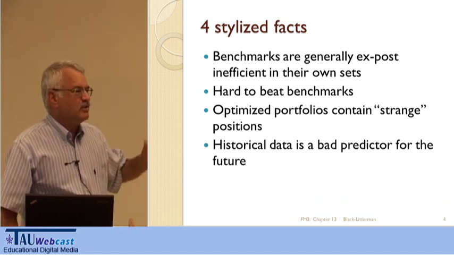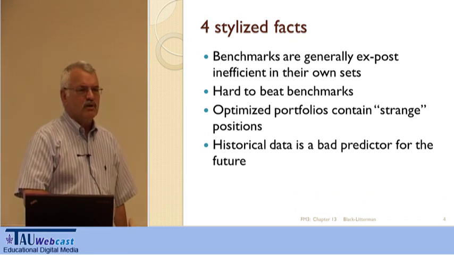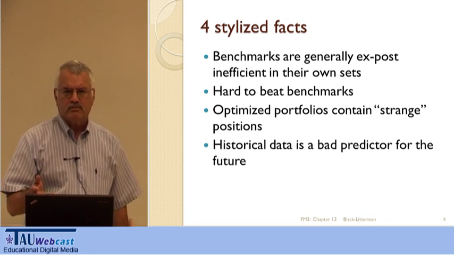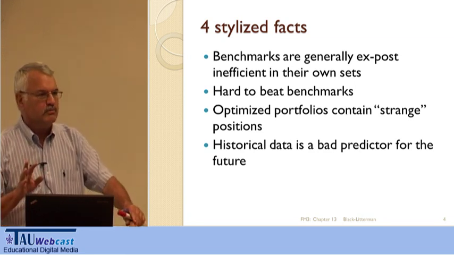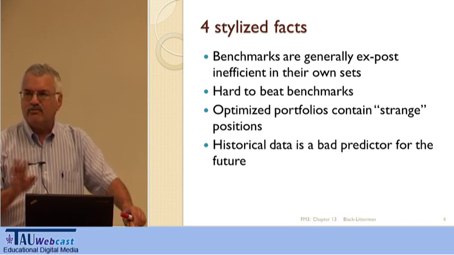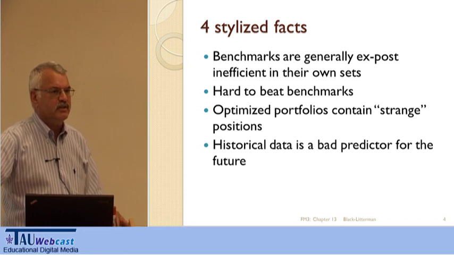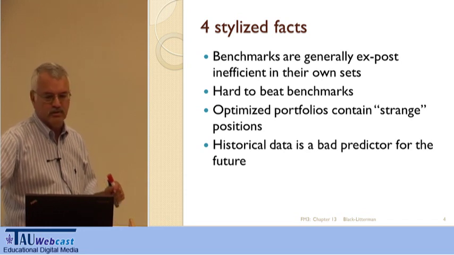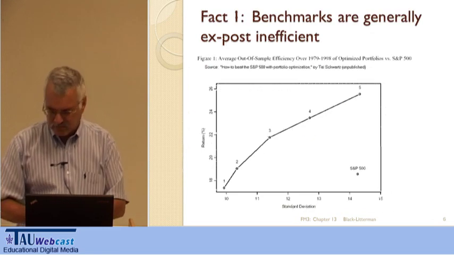That fact just says you take some data, you do portfolio optimization, and chances are you won't like what you see. And the final fact is that historical data is a bad predictor of future data. Okay, so let me give you some examples.